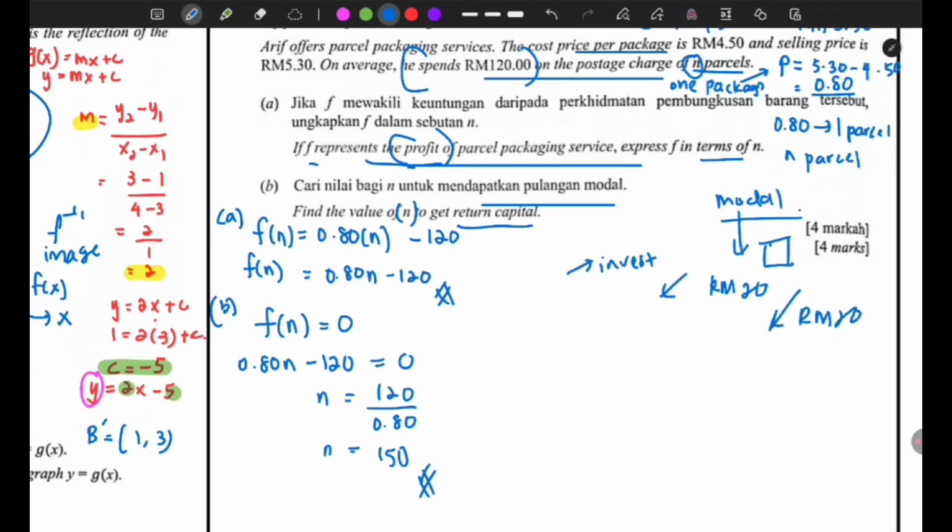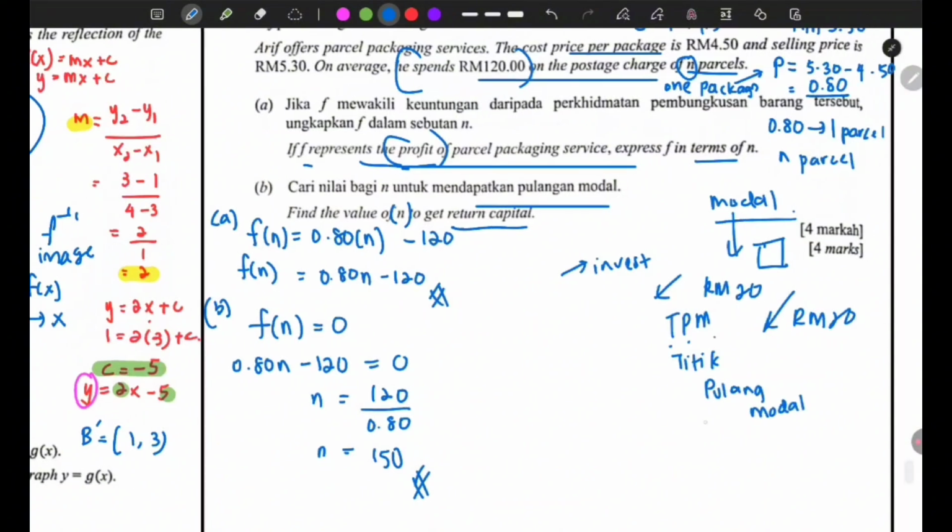So no, tiada untung, tiada rugi. In accounts, they call it as TPM, titik pulang modal. I used to take accounts, so I know. They call this as titik pulang modal, which means tiada untung and no rugi also.